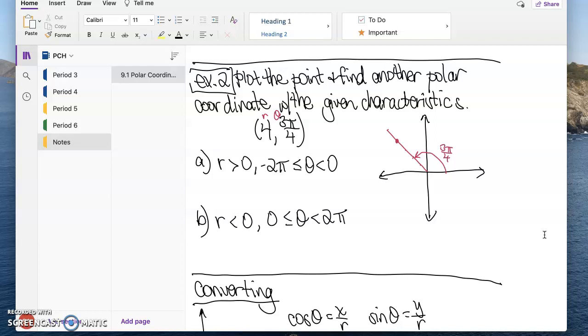Okay. Now, the second part of the problem, find another polar coordinate with the given characteristics. So they want me to find a polar coordinate now with a positive radius, but they want the angle now to be between negative 2 pi and 0.